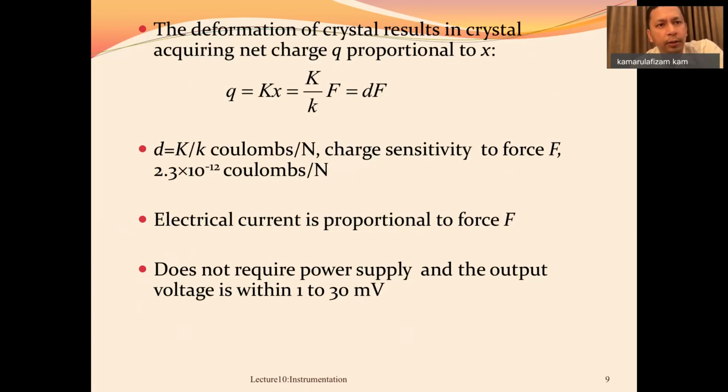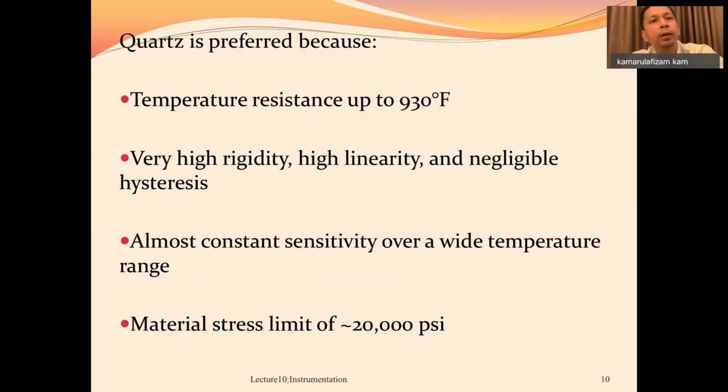The last point there says that this thing does not require any power supply, and the output is typically from 1 to 30 millivolts. So it's very small, basically. In terms of selection of material, here they say quartz is very much preferred because of these factors. The first one is that temperature resistance is very high.